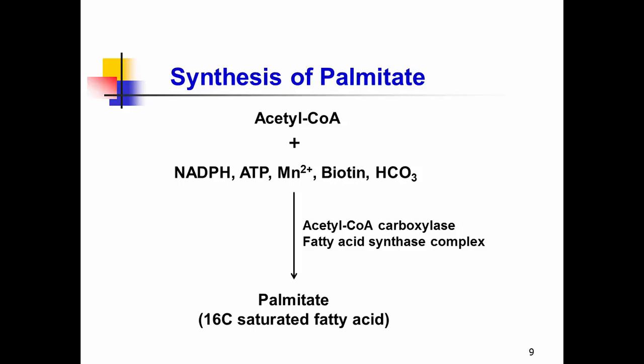Okay, now let's get to the details. The synthesis of palmitate, we take palmitate as an example, to see how palmitate is synthesized in the body, in the liver. Again, acetyl-CoA is the starting molecule, and we also need NADPH, ATP, magnesium, biotin, and bicarbonate.